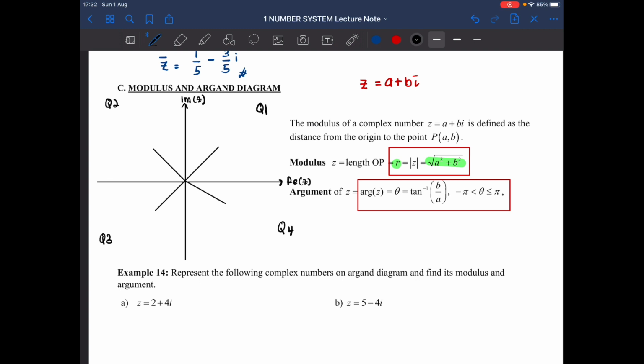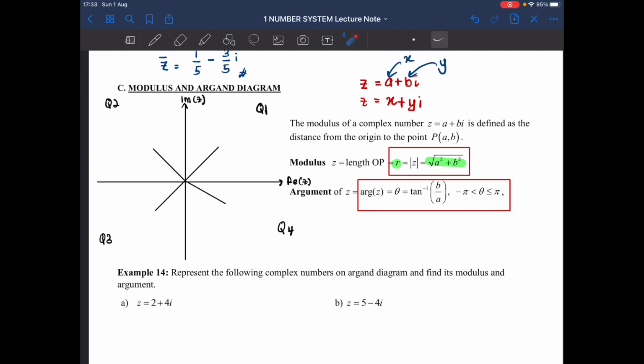Okay, so the first thing you have to do is to identify, if the question asks you to find the modulus or the polar form, you have to identify the complex number is in which quadrant. How? So this is also we can write as x plus y I. Okay, so your complex number, this A represent x, this B represent y.